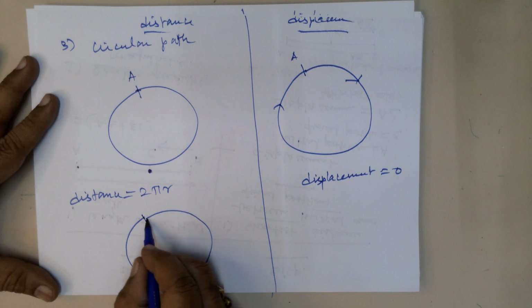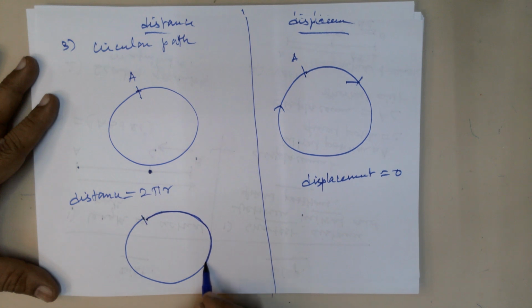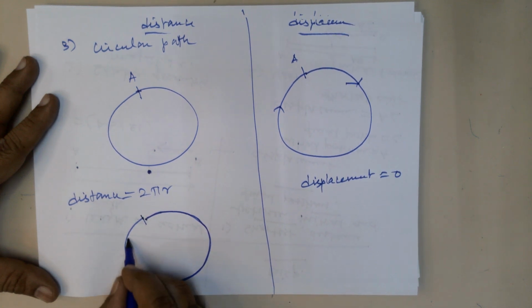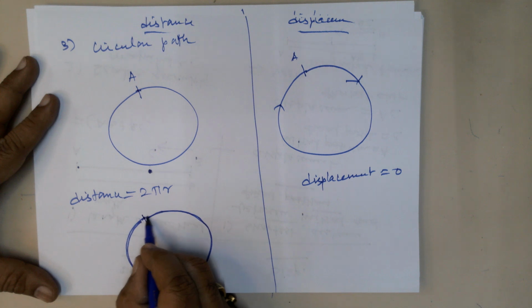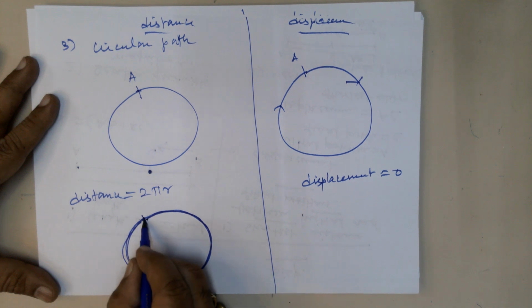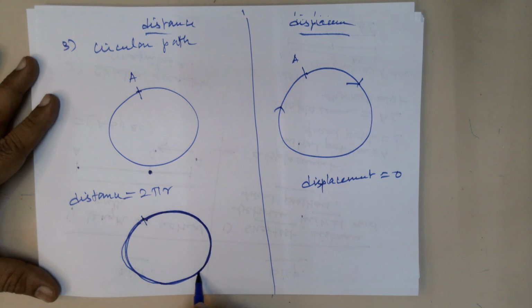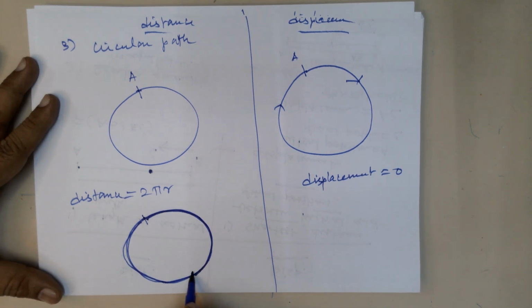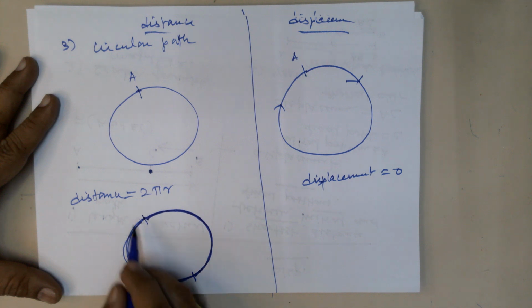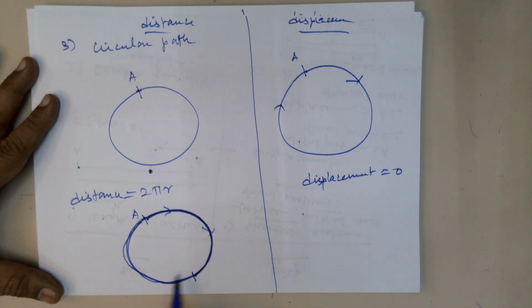Then it adopts another round, second round, third round, and it goes to the fourth round also. But in the fourth round, it covers just 50% only. Are you able to follow? So it makes three rounds, and after that, the fourth round is just half of the circle.